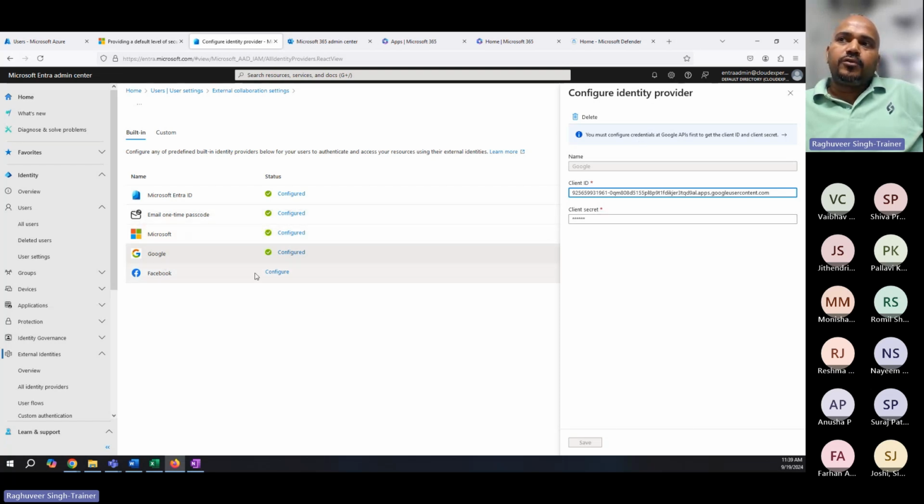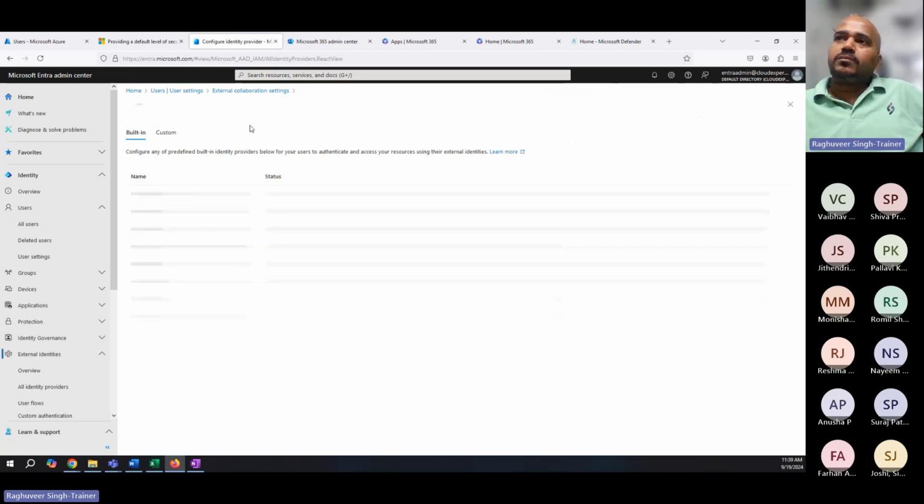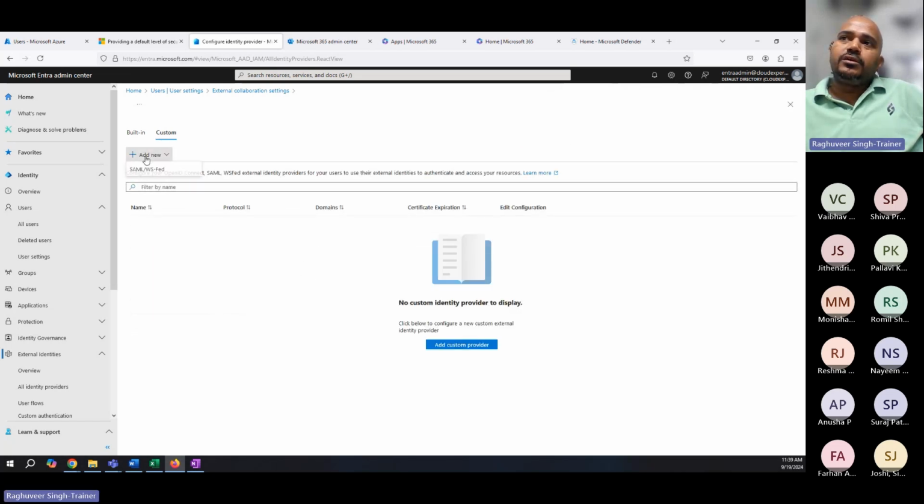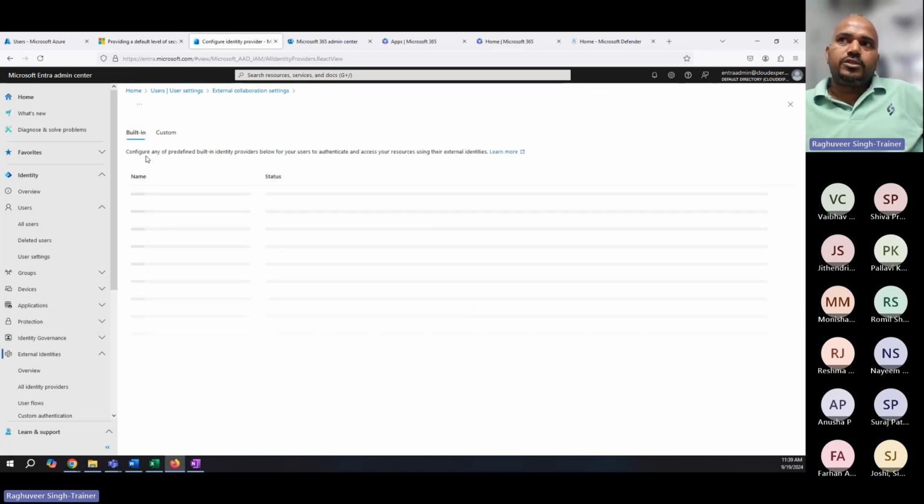Similarly, you can federate with Facebook. You can federate with any application. You can also federate with custom applications here using SAML or WS federation. This is something that we will discuss when I talk about federation or single sign-on use cases.